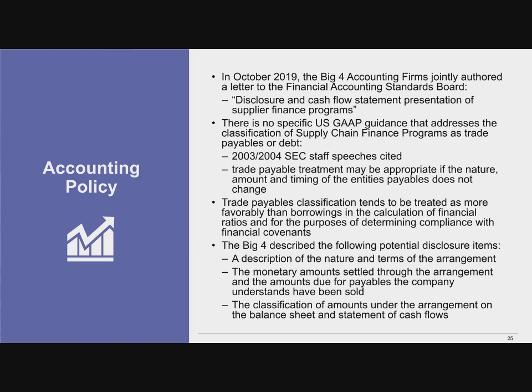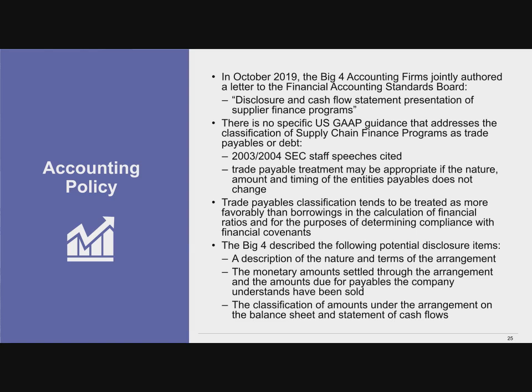Now, they acknowledged that there was no specific US GAAP guidance other than the indirect non-policy guidance provided through the 03 and 04 SEC staff speeches. And they also acknowledged that trade payable treatment may be appropriate if the nature, amount, and timing of the entity's payables does not change.